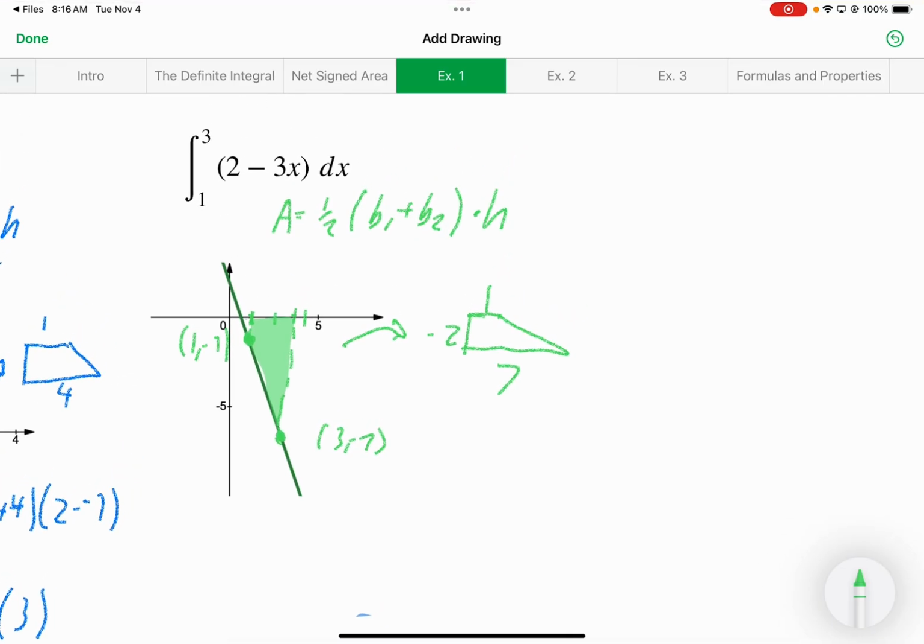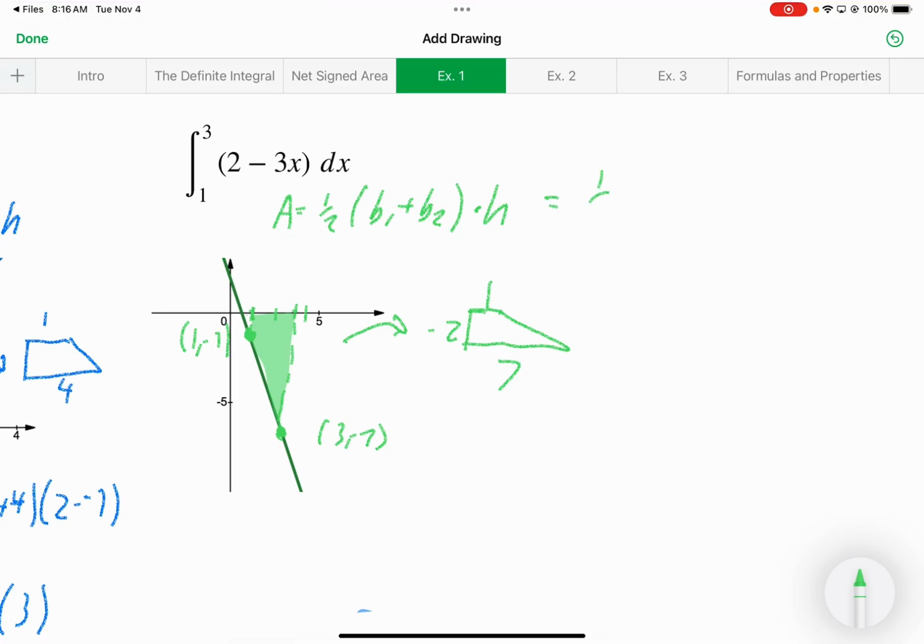All right, so 1/2. All right, our base 1 and base 2, we're going to say 1 plus 7, and then we're going to give it a height of negative 2, okay? I actually think it probably makes more sense to think about your base 1 and base 2 being negative, since that's what's going down in a negative direction.